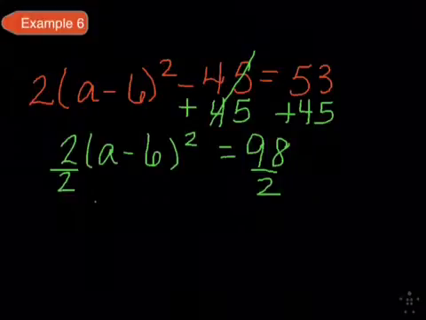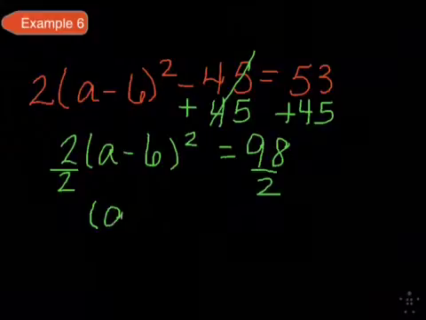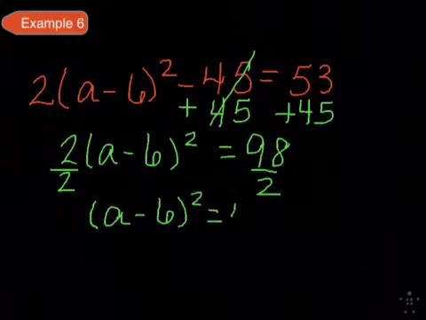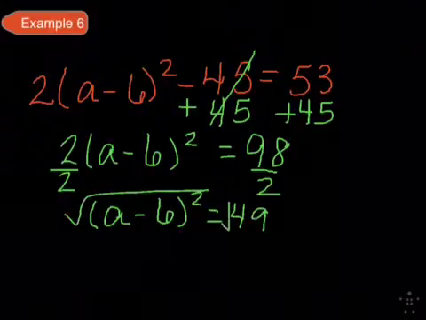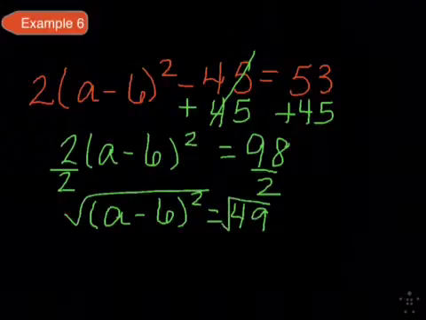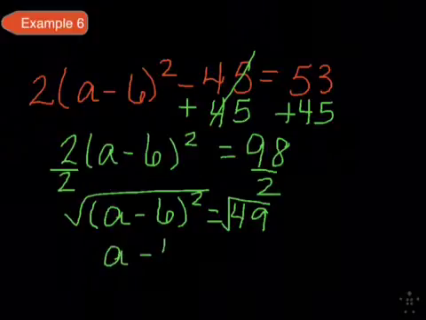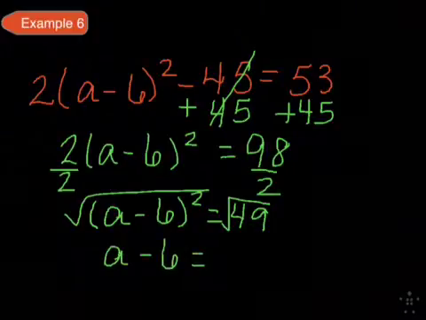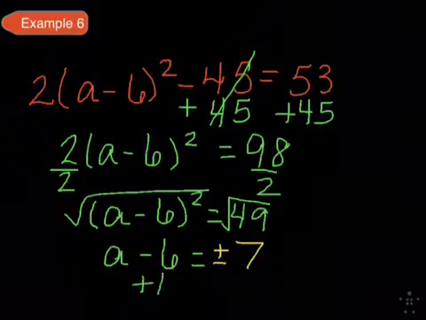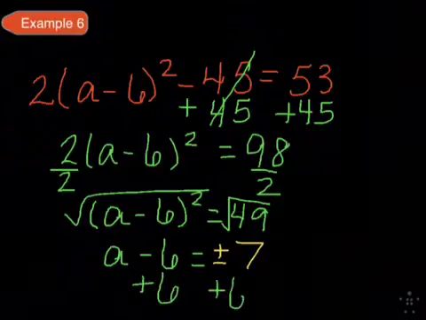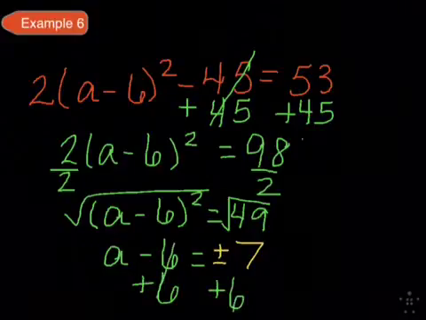That gives us 49. So I have a minus 6 quantity squared equals 49. Square root, square root. So I have a minus 6 equals positive negative 7, because that one's a perfect square. So I add 6, add 6.